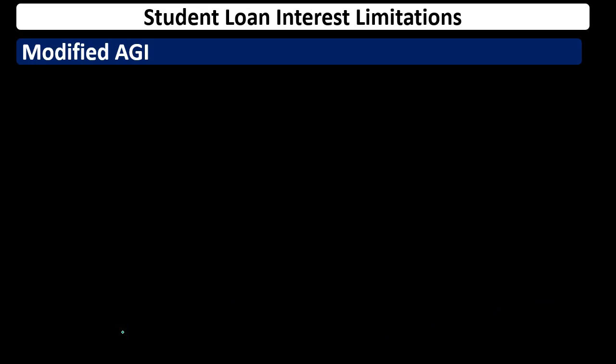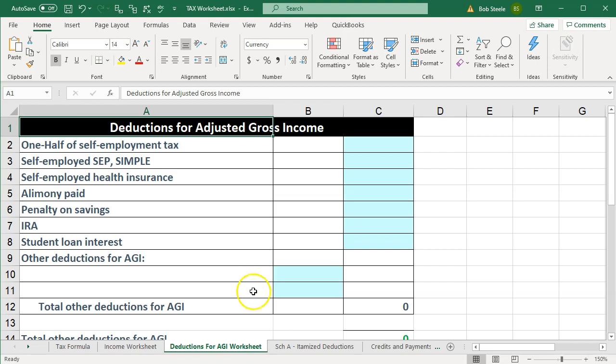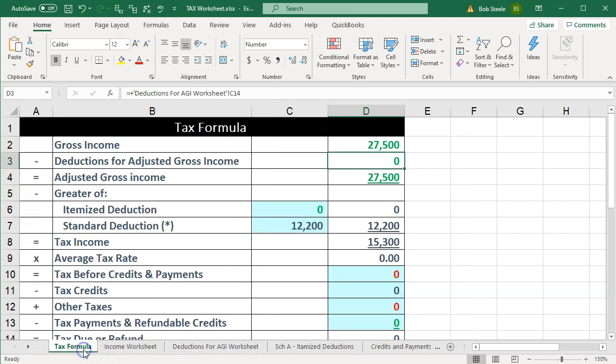Student loan interest limitations: modified adjusted gross income. So we have this adjusted gross income, modified adjusted gross income again. And remember, when we look at our equation, the adjusted gross income is going to be here. We have our gross income minus the deductions to give us our adjusted gross income.